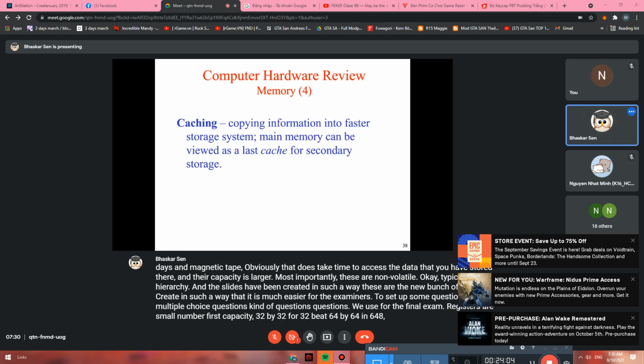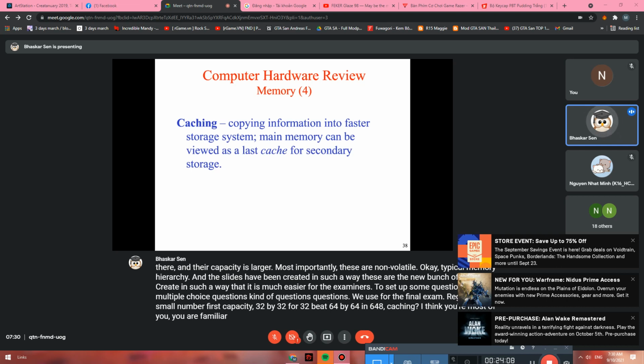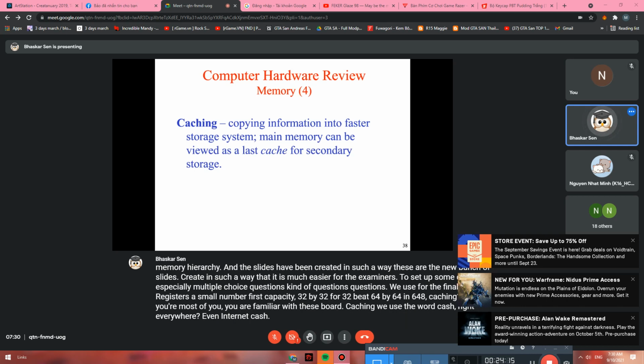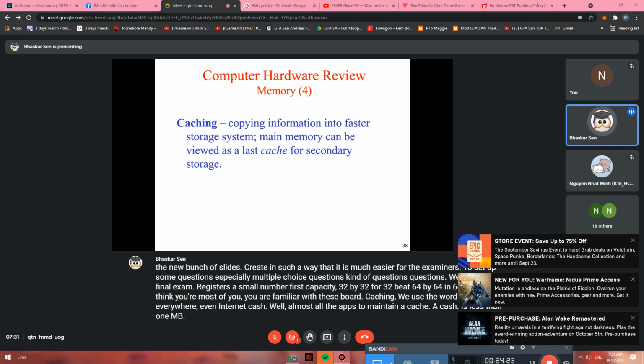Caching. I think most of you are familiar with this word caching. We use the word cache everywhere, even internet cache. Almost all the apps maintain a cache. A cache is a less than 1 MB amount of storage, volatile storage.